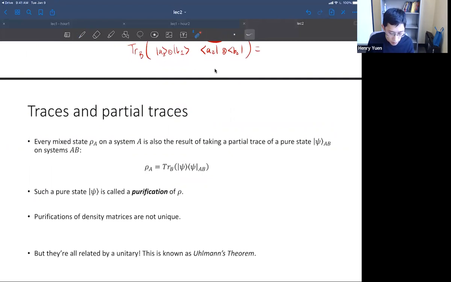You have this mixed state, meaning that there's some uncertainty about exactly what pure state the system is in. But it turns out that there's always some bigger pure state that is not just on system A, but also includes some system B, for which rho A is a partial trace of this pure state.